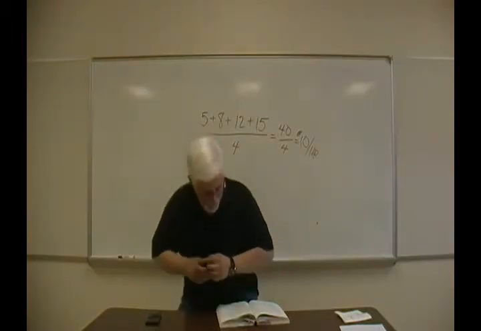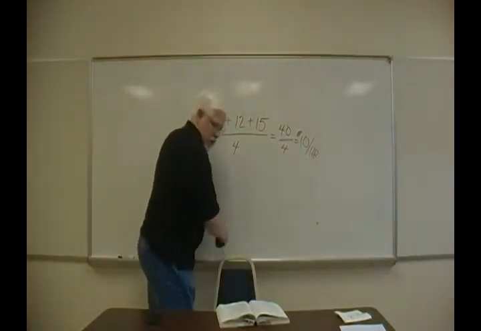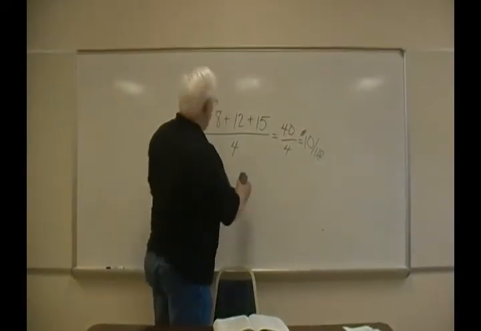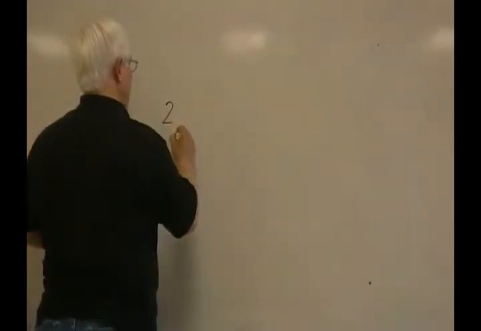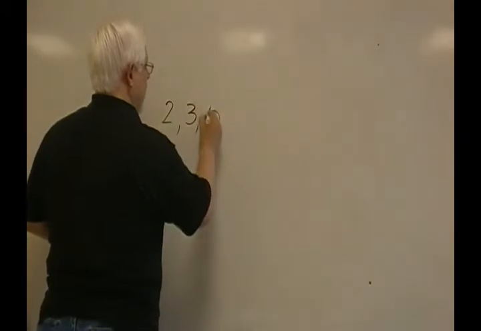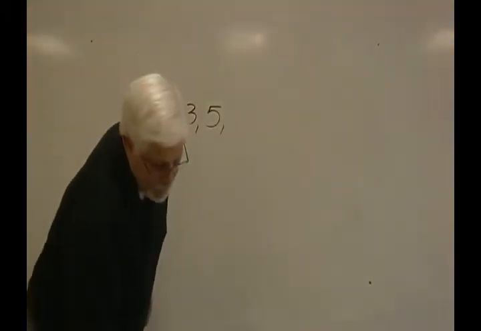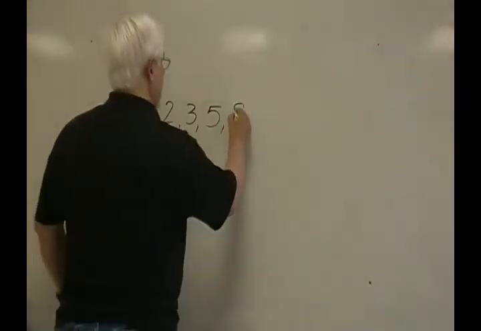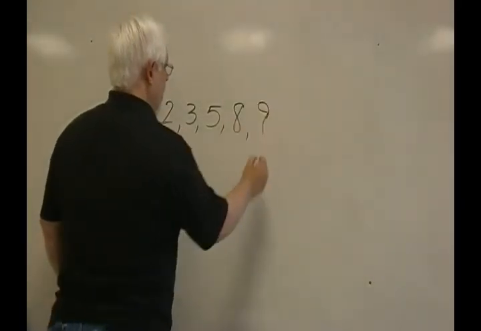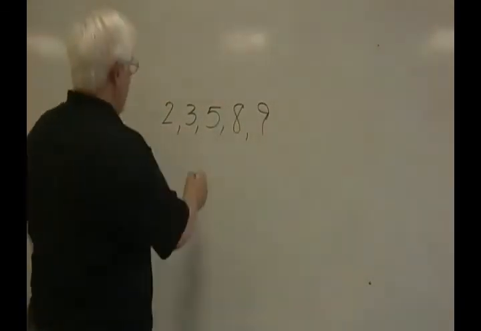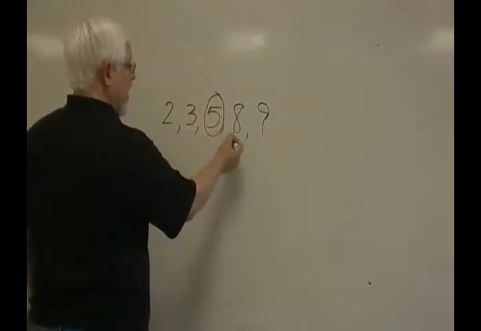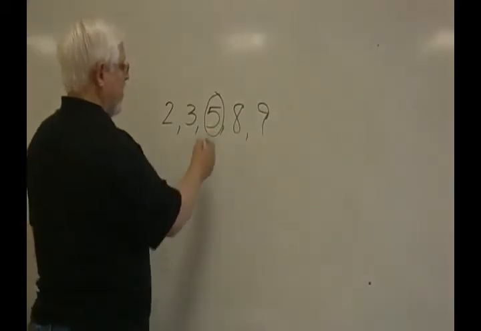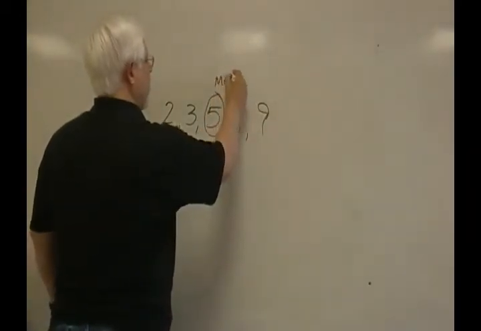For example, the median of 2, 3, 5, 8, and 9: 5 is the middle number. Two numbers on the left, 2 numbers on the right. The middle number is the median of this particular problem.